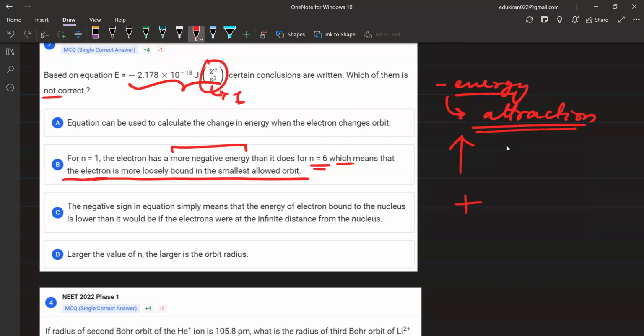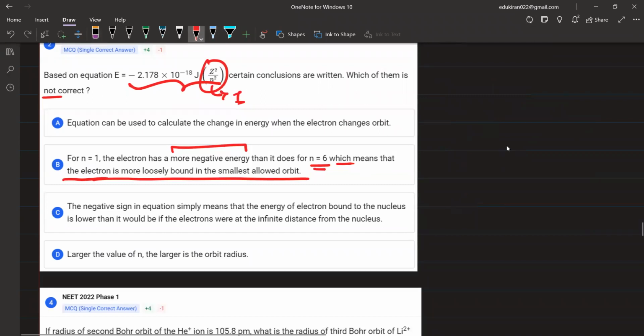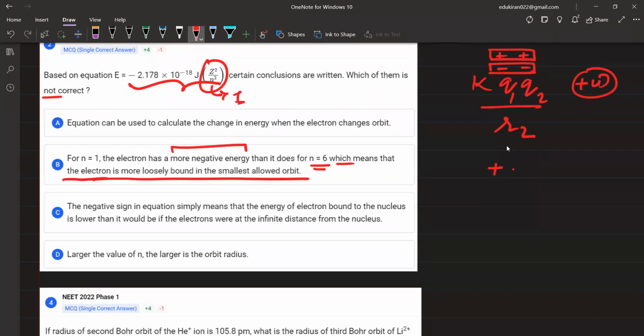If positive energy, that means there will be repulsion. How do we know? Coulomb's law, K Q1 Q2 upon R². If you take the same charges, negative negative or positive positive, both will repel, giving a positive value. But if you take different charges, positive and negative, a negative value comes, and negative means attraction. So this option B is the incorrect statement, which is the right answer. Please write this down.